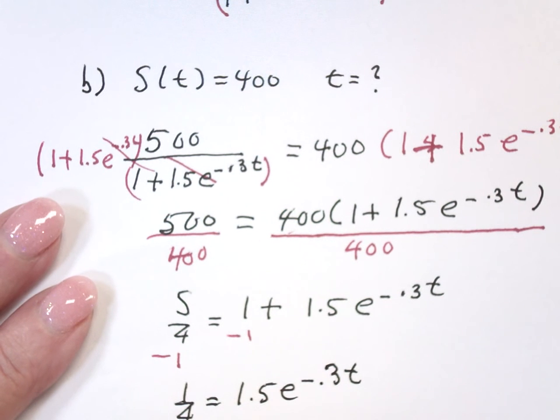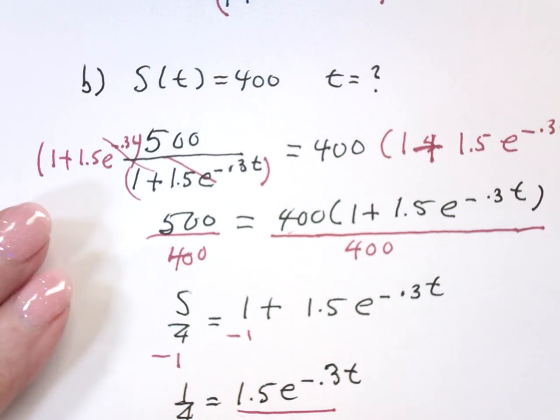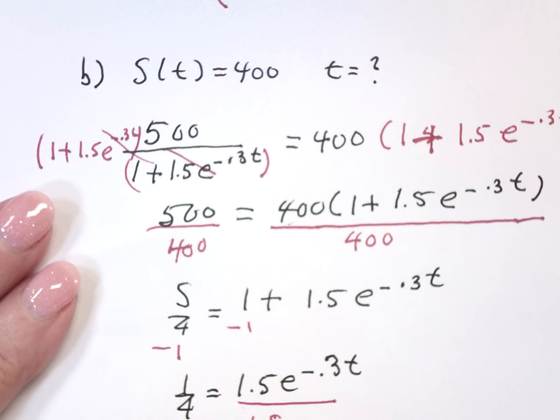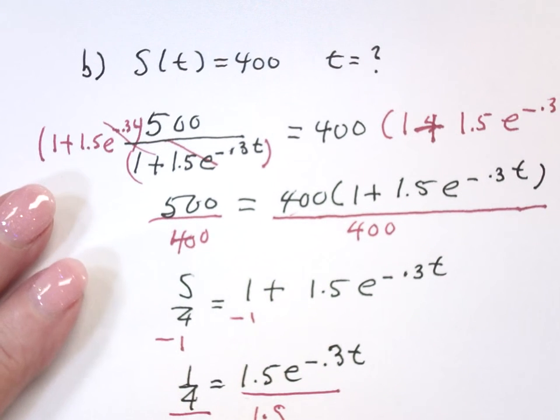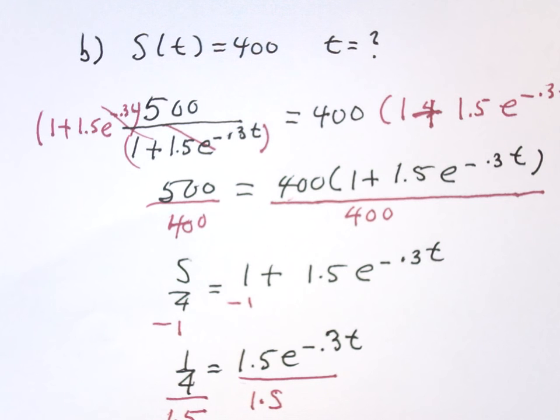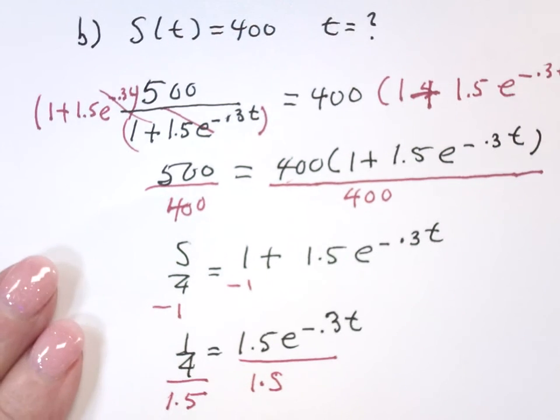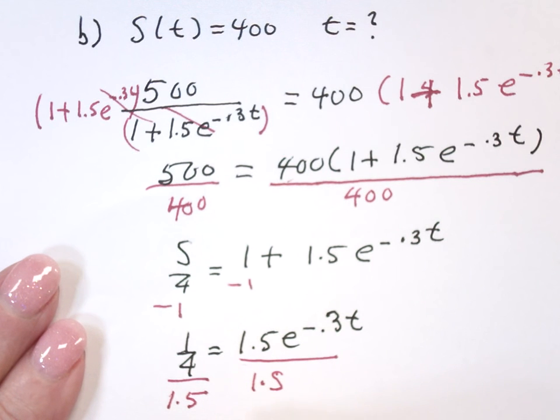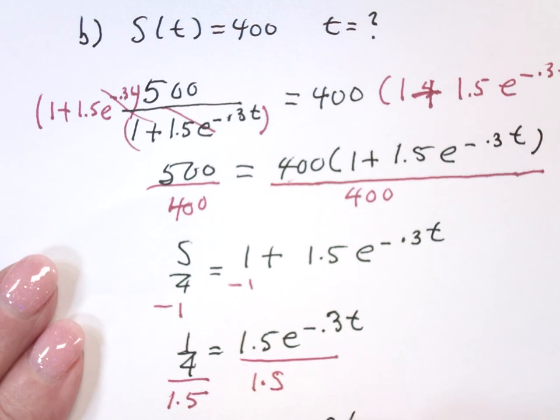Divide both sides to isolate e, so divide both sides by 1.5. So, what's the decimal version of 1/4? 0.25, divided by 1.5 equals e to the negative 0.3t.